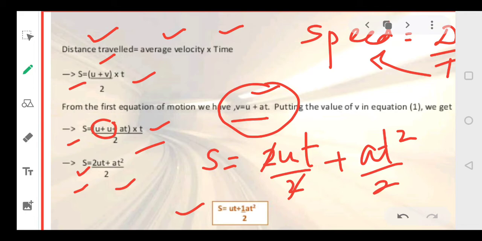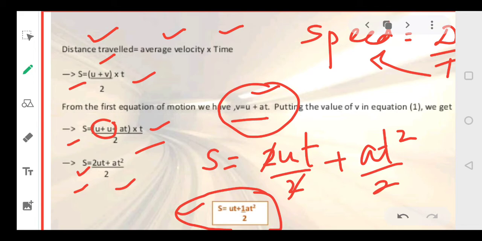So what is S? The distance travelled. What is U? The initial velocity. What is T? Time. What is A? Acceleration. So what is our second equation of motion? S is equal to UT plus half AT square.